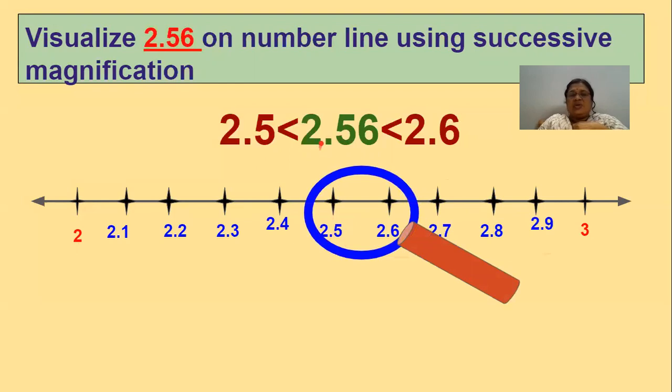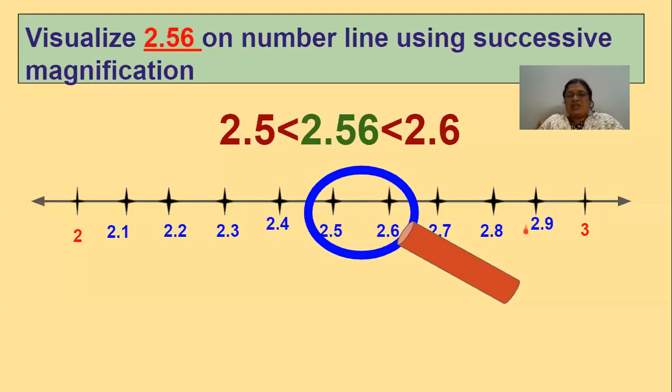So we have to visualize this 2.56 on a number line. Where will it appear, let us see through this magnifying glass. See, this is 2.5, this is 2.6. When we see through this magnifying glass, we can see some small lines in between these two.